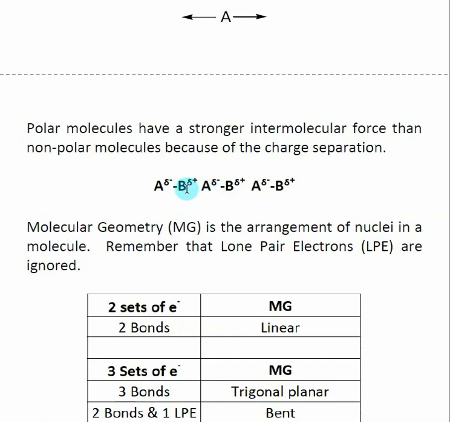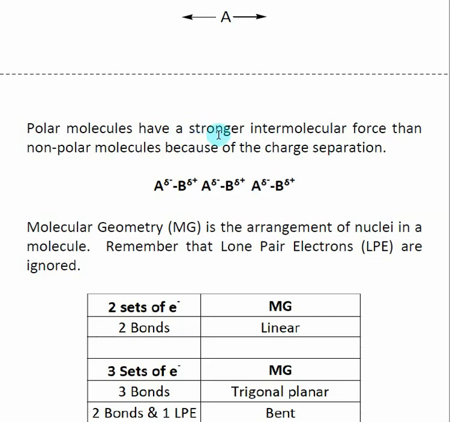This causes an intermolecular force between these two called the dipole intermolecular force. So overall, the question is: is the molecule polar? If it's polar, then the molecule has a dipole, it has a dipole intermolecular force, and we know it has a stronger intermolecular force than, say, things that are nonpolar.